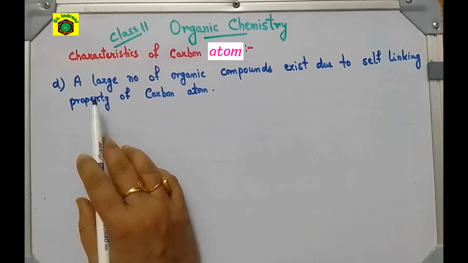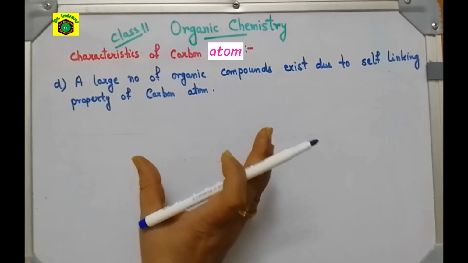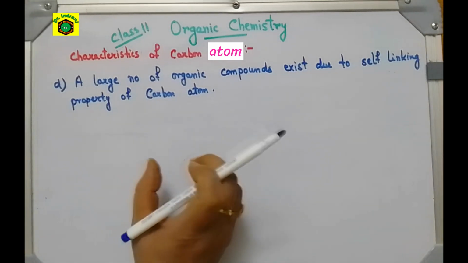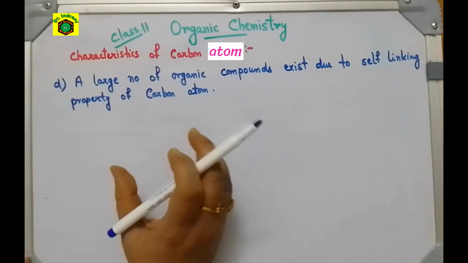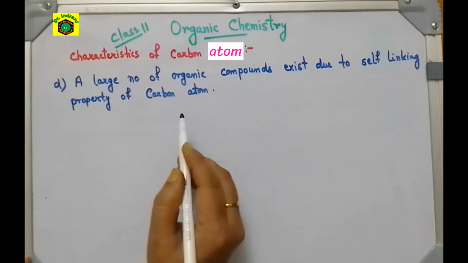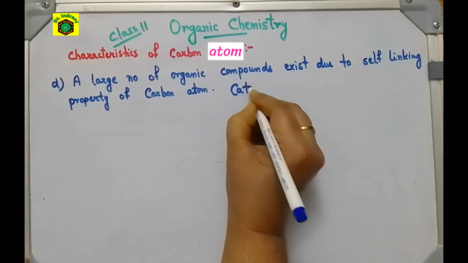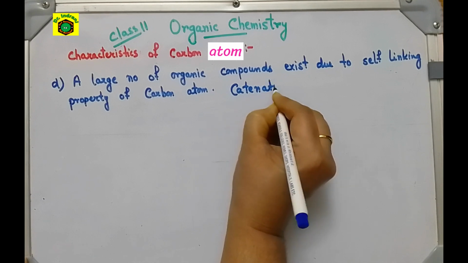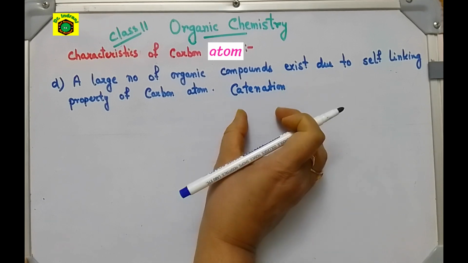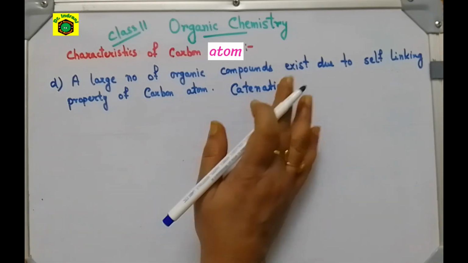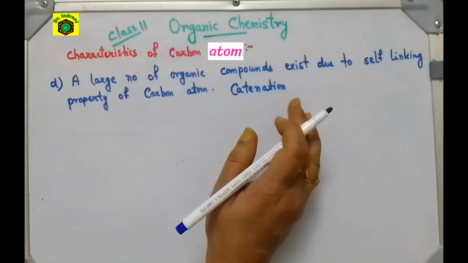Next point, a large number of organic compounds exist due to the self-linking property of carbon. Carbon has self-linking property, and this is called catenation. Due to this property, we are getting a large number of carbon compounds.